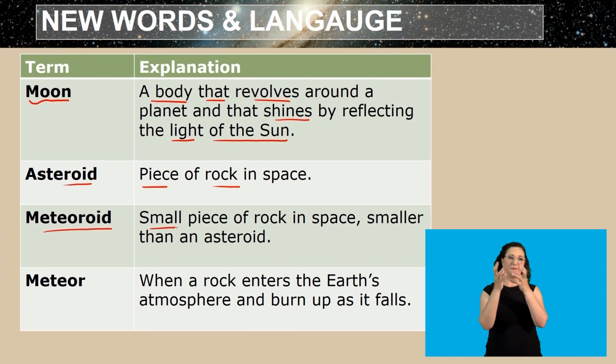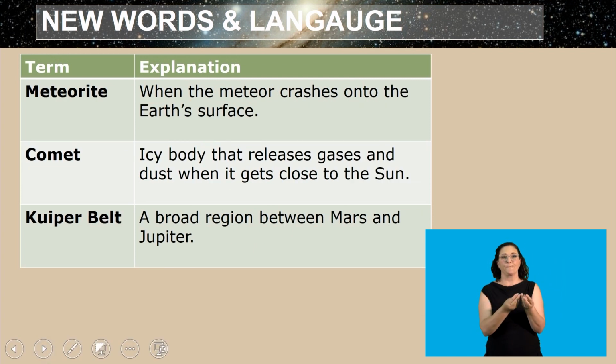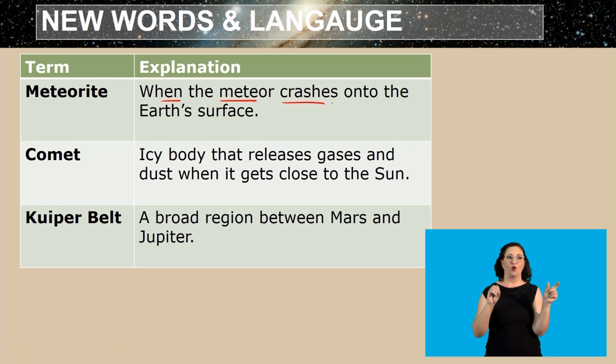Meteoroid: it is a small piece of rock in space, smaller than an asteroid. Meteor: it is when a rock enters the Earth's atmosphere and burns up as it falls. And meteorite: it is when the meteor crashes onto the Earth's surface.